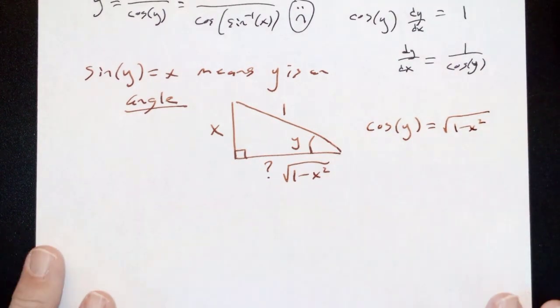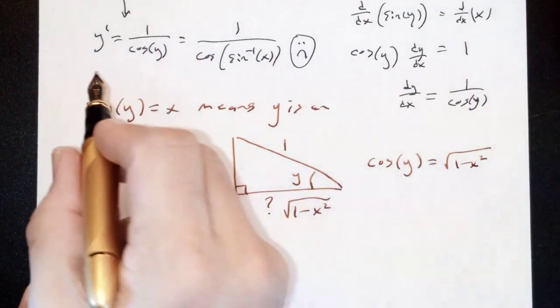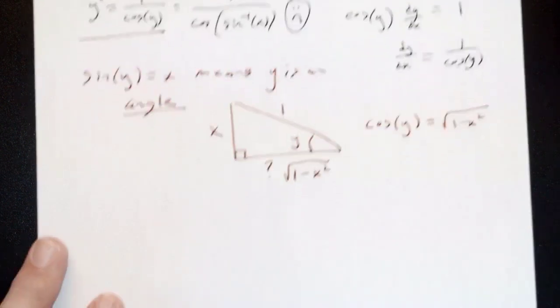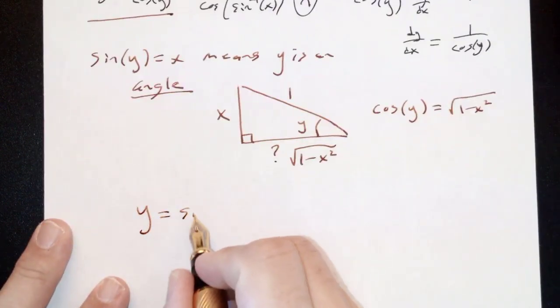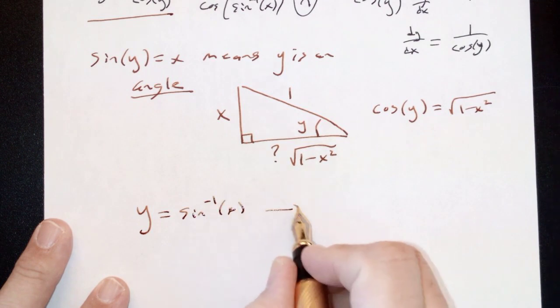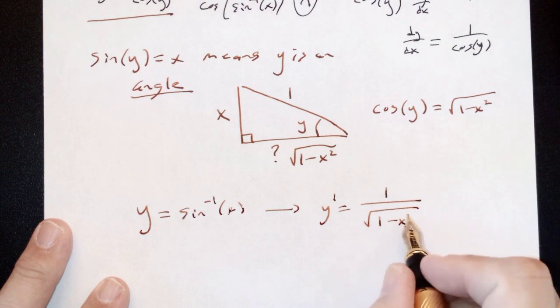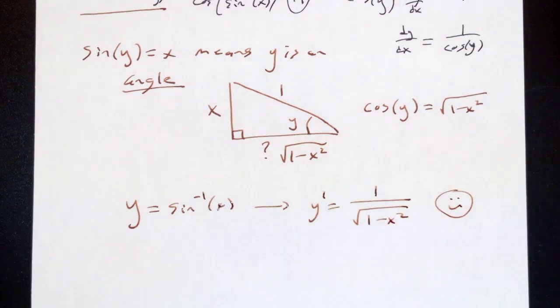But now I have a result for cosine of y that only involves x. I got an explicit formula.